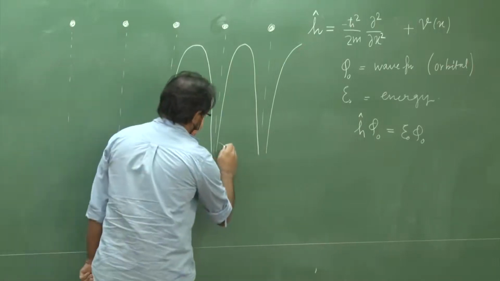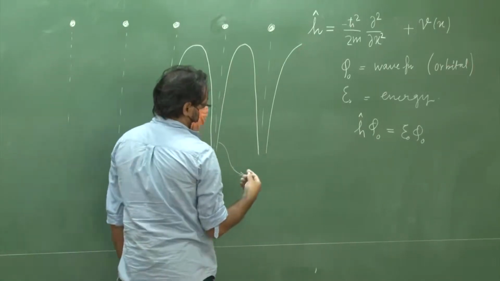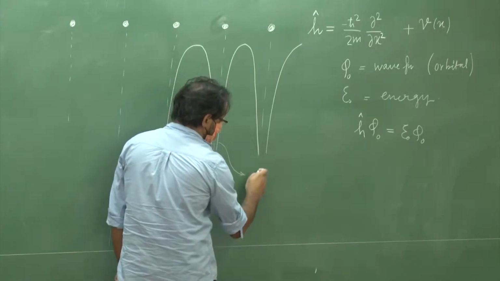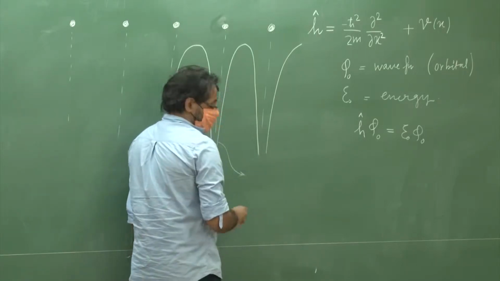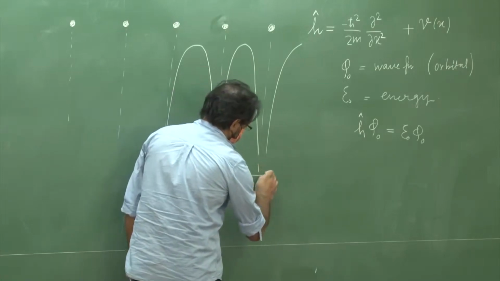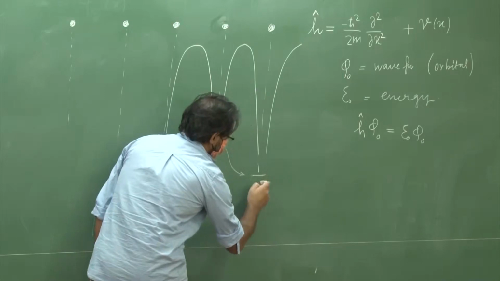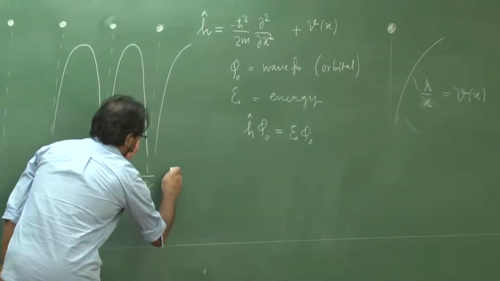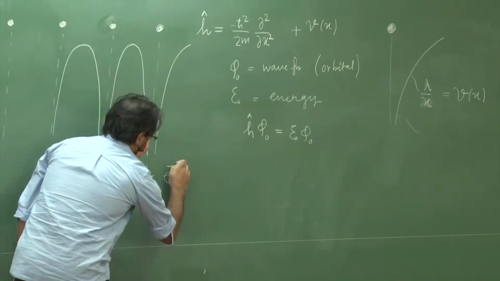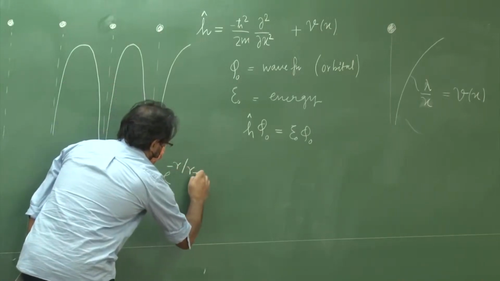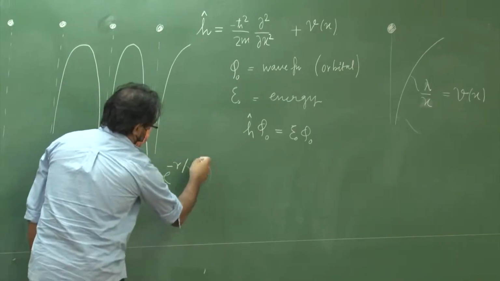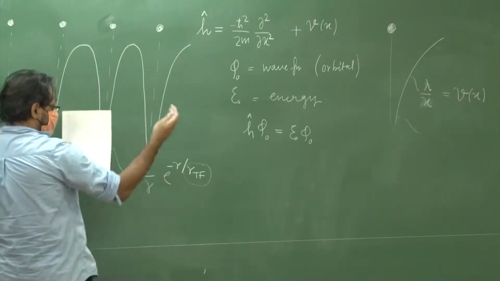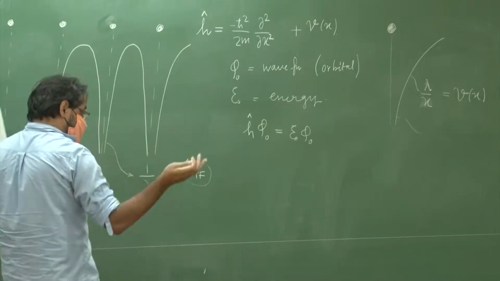So in fact, in the case of metals, though we have not yet shown that it's a metal or an insulator, if this material happens to be a metal, then you can show, I didn't do it in this course, but one should do it actually, that the potential will go as 1 by r, which it was originally, but then there will be a damping by an exponential factor, e to the minus r by r_TF, and this r_TF is a distance at which the potential would have dropped by 1 by e of its value when the atom is in vacuum in isolation.